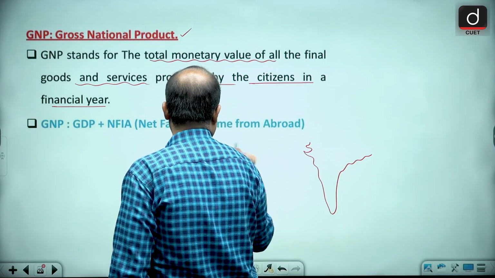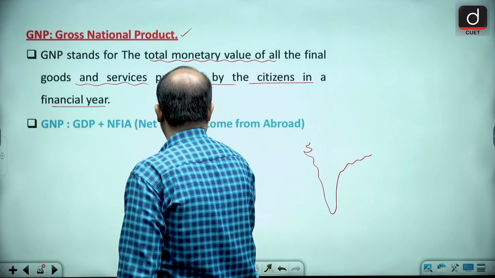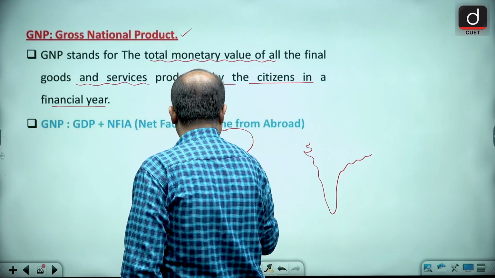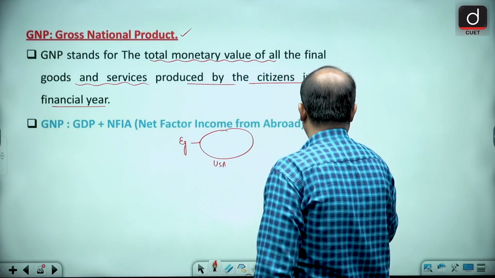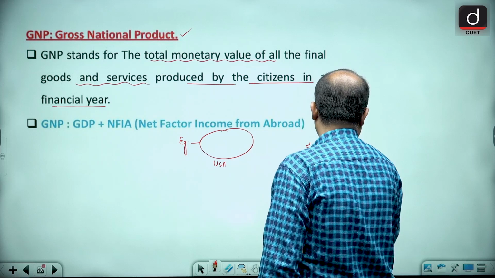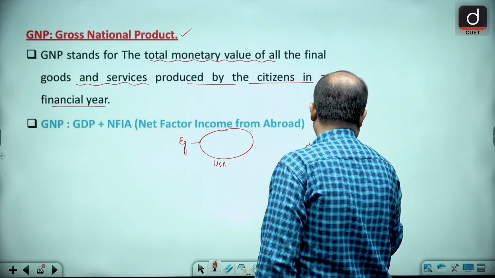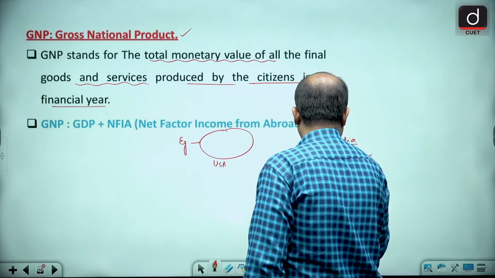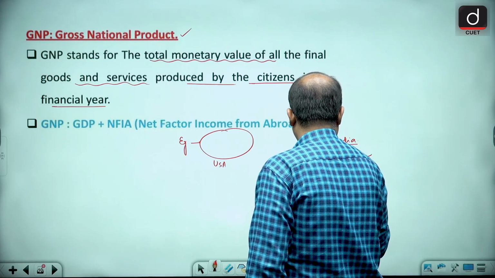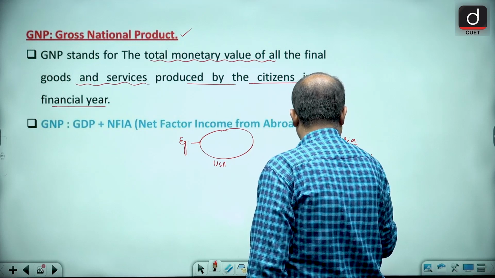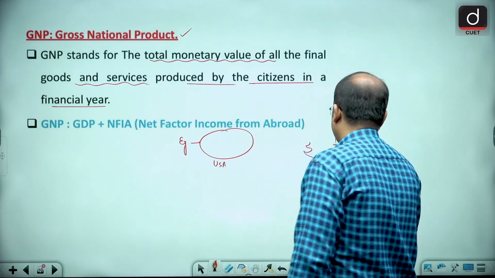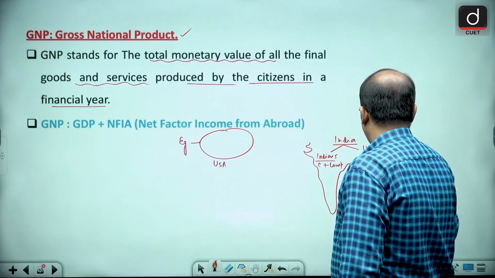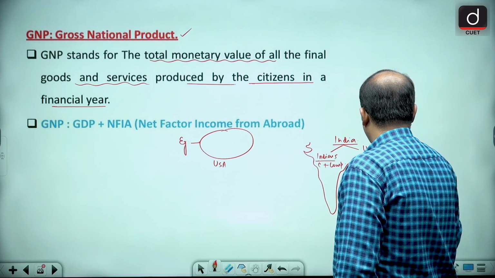This is just for you to understand what GNP is. Now in India, guys, Indians are there, meaning citizens plus companies. Also in India, take the example of American people and American companies.